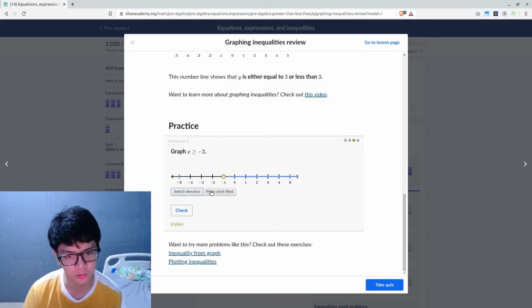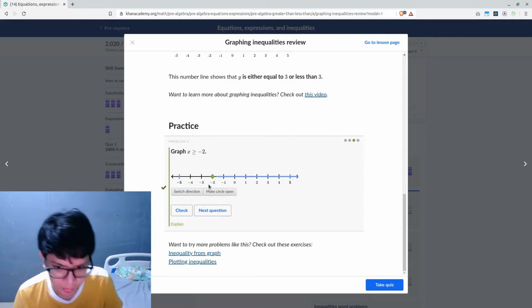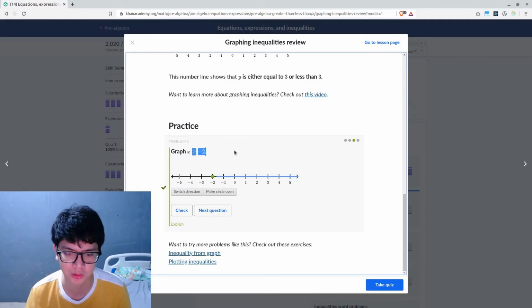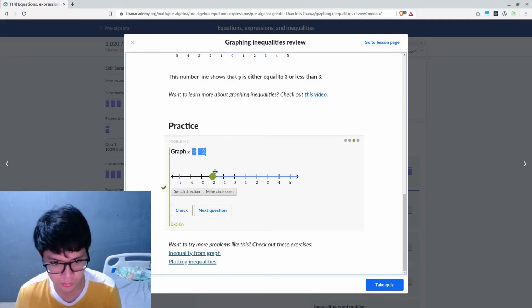So let's just put it. Okay, check. Oh, I'm supposed to. Okay, I made a mistake. I thought I was going to select a number which can satisfy this equation to make it true.